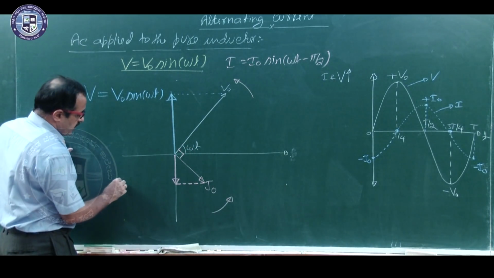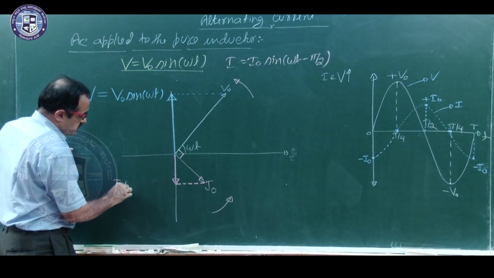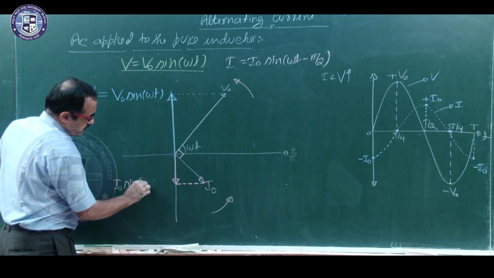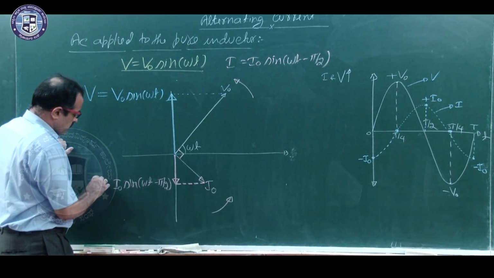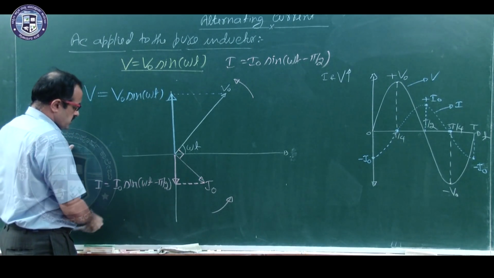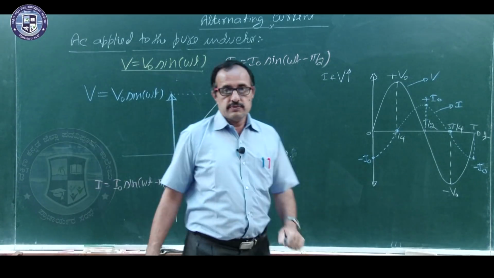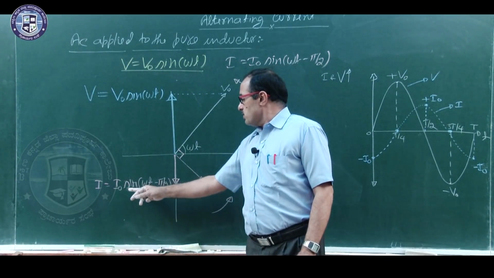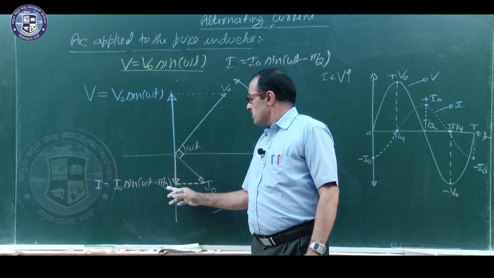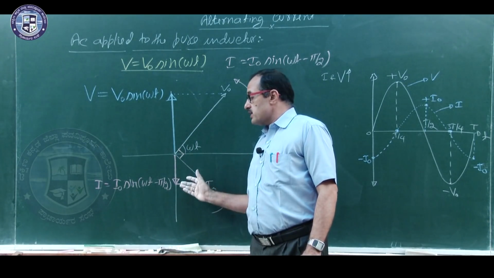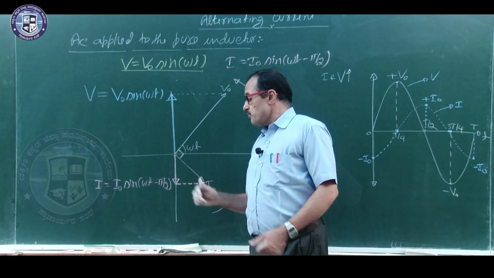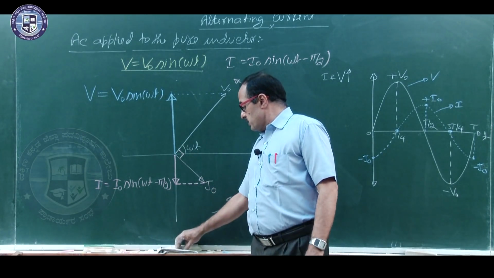Therefore, it is I naught into sin omega t minus pi by 2. Is it not I? Yes, instantaneous current. So, I is equal to I naught sin omega t minus pi by 2. This is the phasor drawing of voltage and current in the case of a pure inductor or ideal inductor.